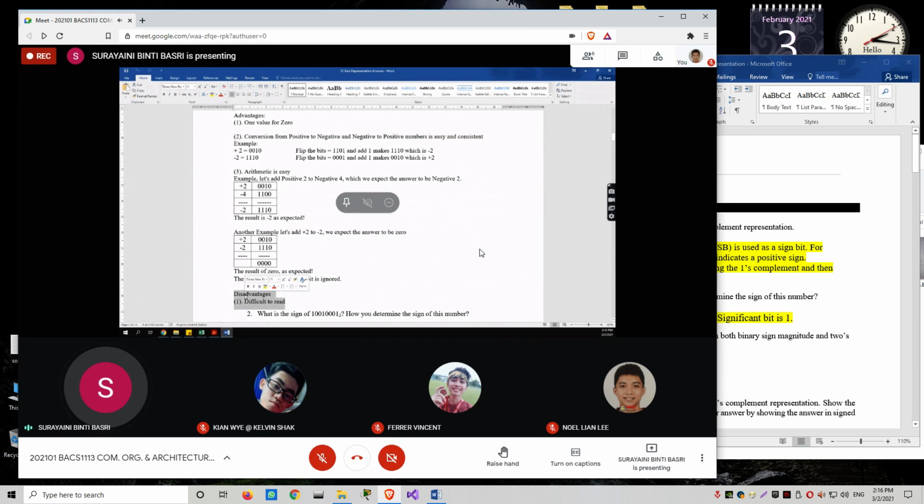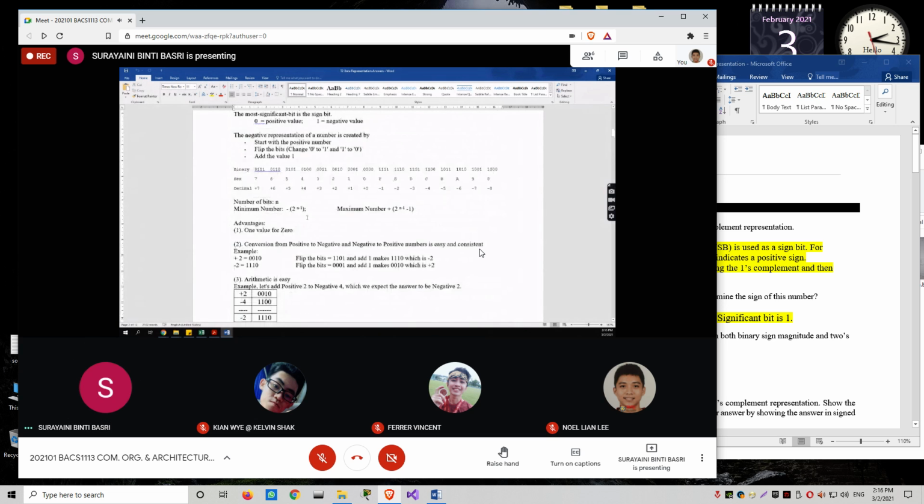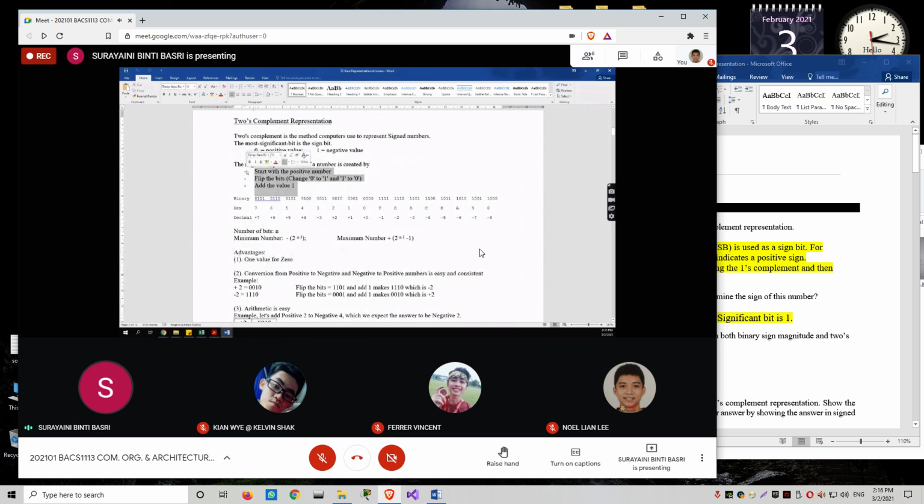But it is the rule that is used by our computer to represent negative numbers, signed numbers, in binary. So just remember this rule, because it is the rule used by the computer to represent the binary number of a negative number.